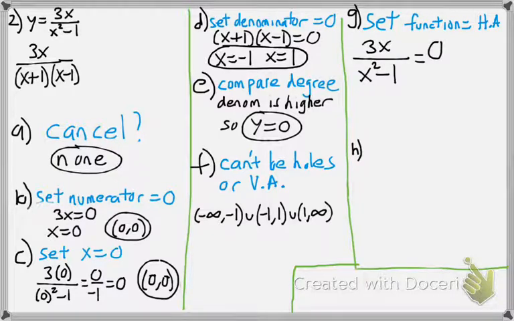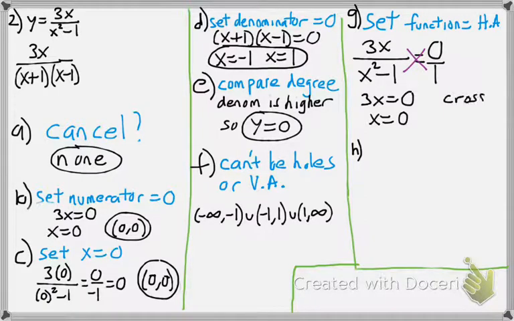I'm going to call this 0 over 1 because I do want to solve it like a proportion. So I do want to do the cross products here. So if you cross multiply, we get 3x is equal to 0. So x is equal to 0. So what this means is that it's actually going to cross at 0.